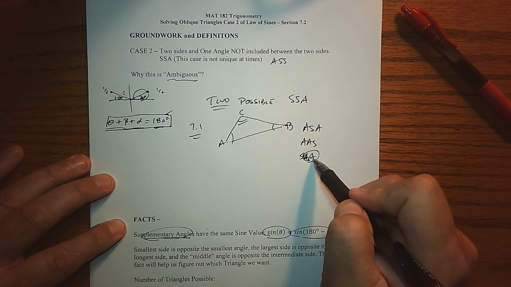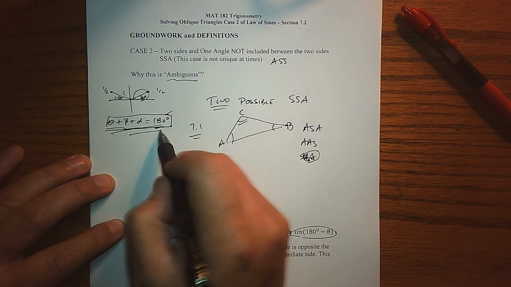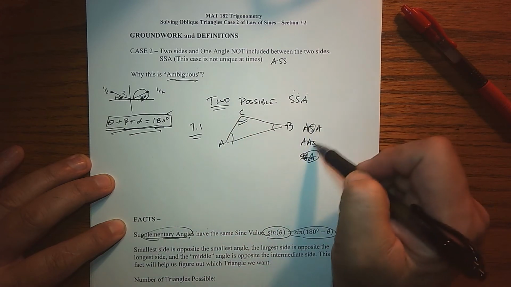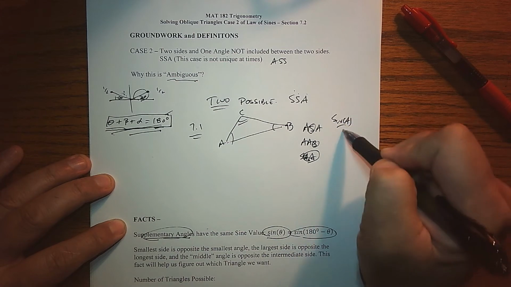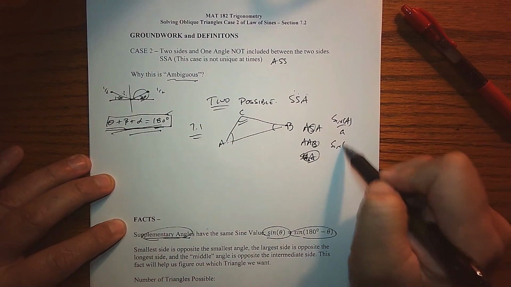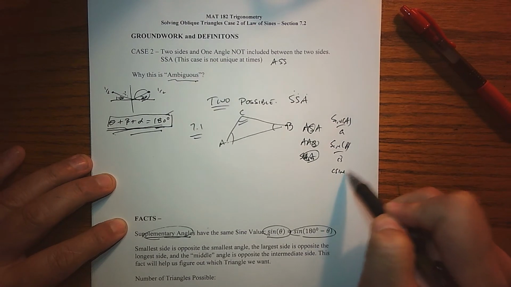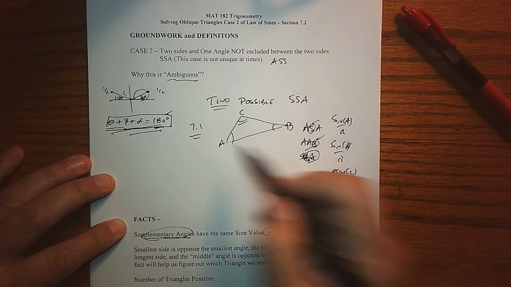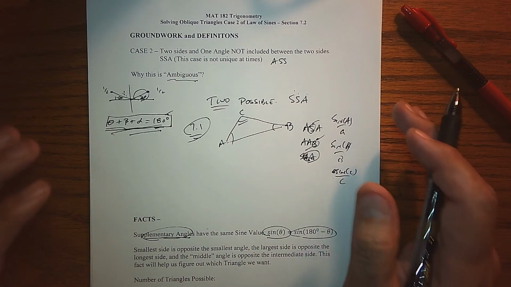Because I knew two of the angles, I could use this to find the third angle, and then that allowed me to start with my ratios because I at least had one side. And so maybe the sine of A over a was defined, or the sine of B over b was defined, or the sine of C over c was defined, depending on what side was given. So in 7.1, that's why we ended up with one unique solution.